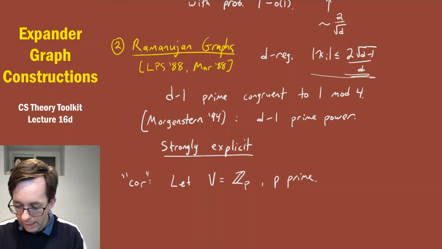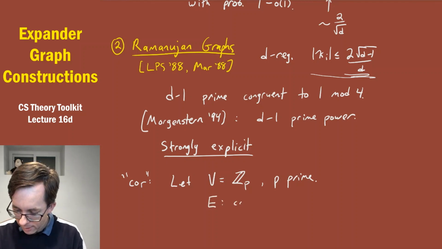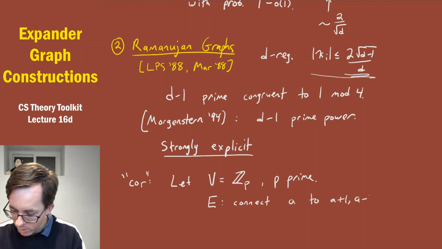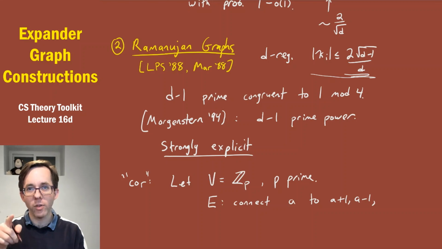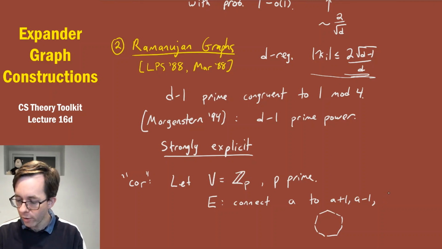And now, what are the edges? Well, you connect a vertex or number a to a plus 1 and a minus 1. So far, a plus 1 and a minus 1 just makes a ring, a cycle. And the last thing you connect a to is 1 over a, mod p.